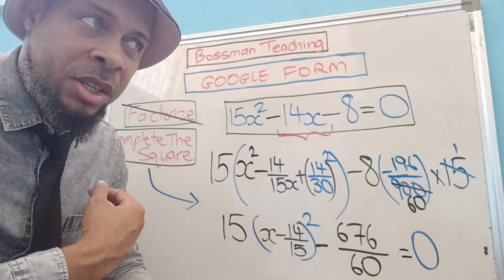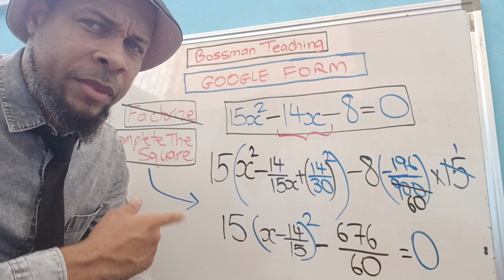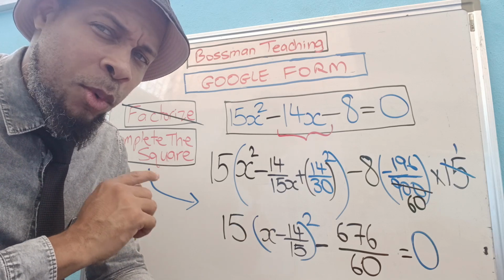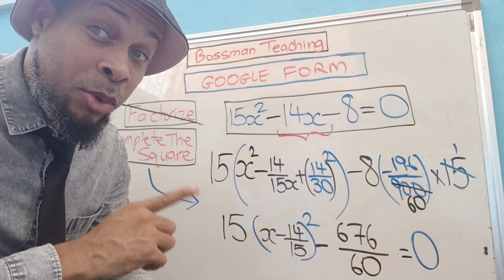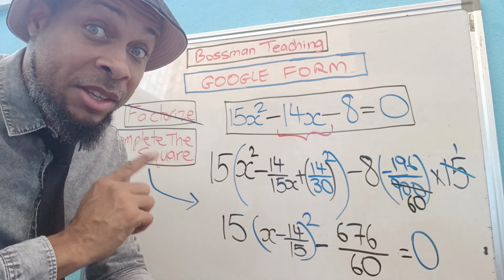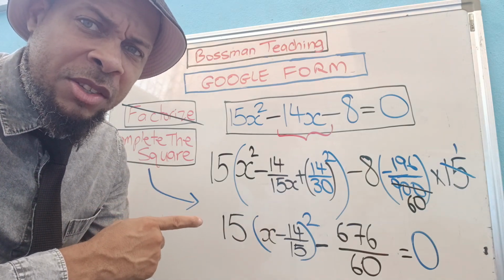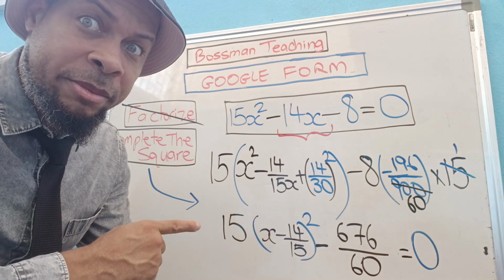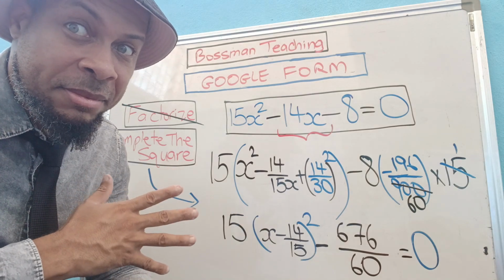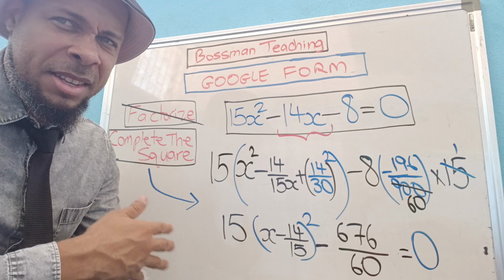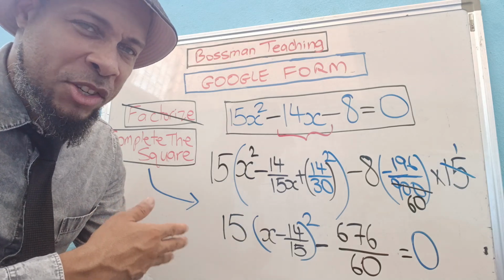So 676, I don't remember off the top of my head what that is. But I do know that if you square 25, you get 625. So I'm sure that shortly after that, you should get 676. So that might be the square of 26. I'm sure that's a good educated guess.